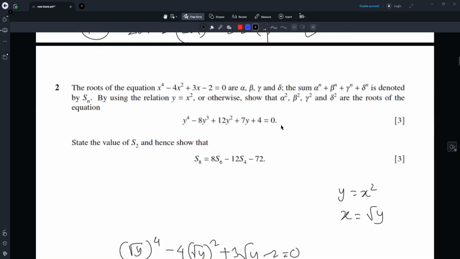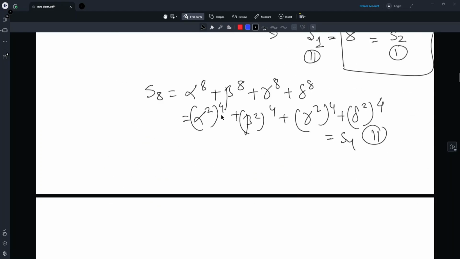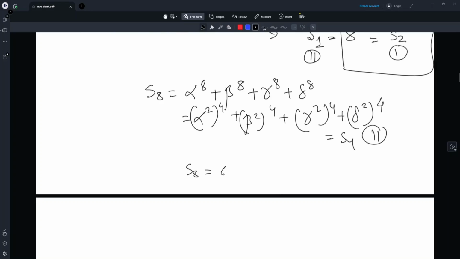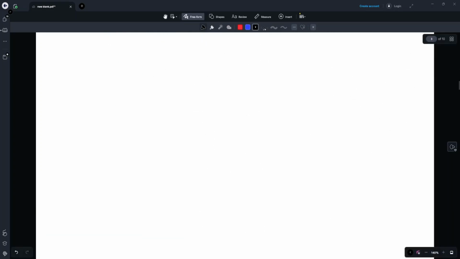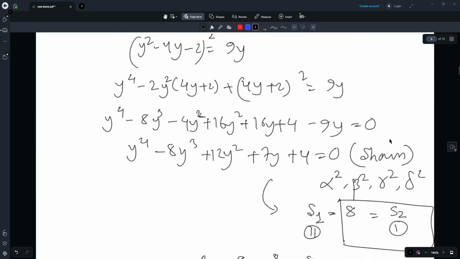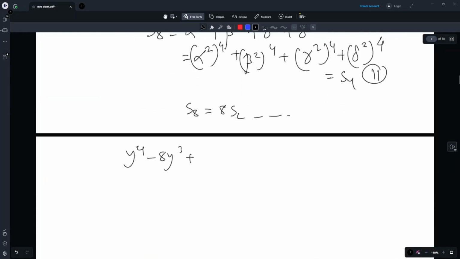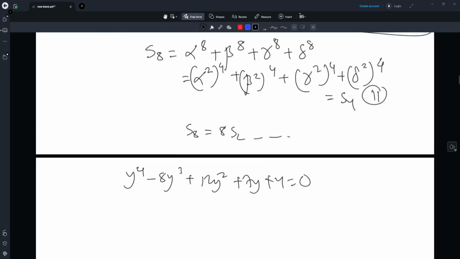So this means that I need to show S8. Okay, I see. It says to prove S8 equals 8S6, and so on like that. So if I go back to this equation, y to the power 4 minus 8y cubed plus 12y squared plus 7y plus 4 equals 0.